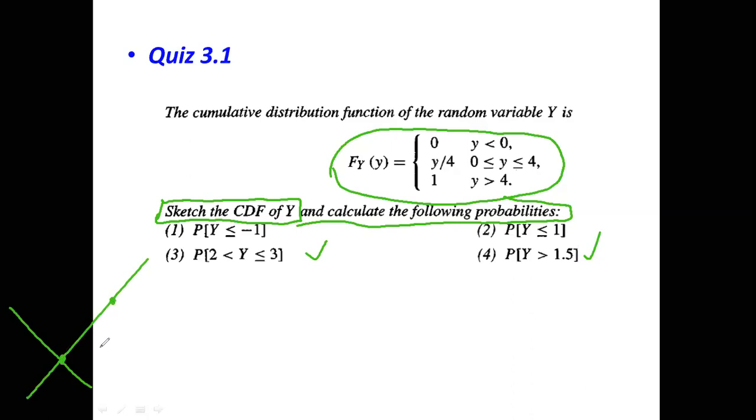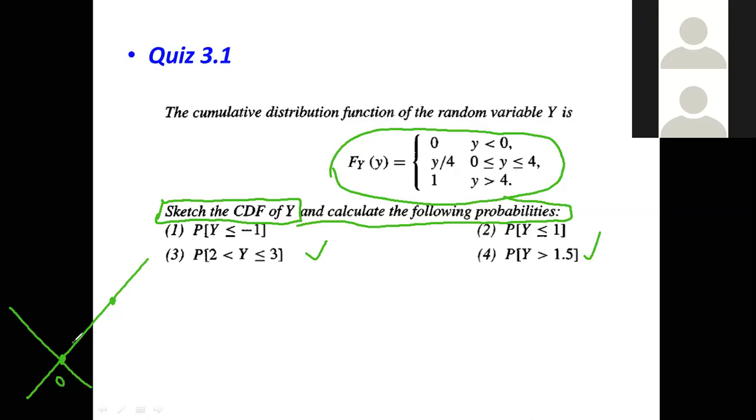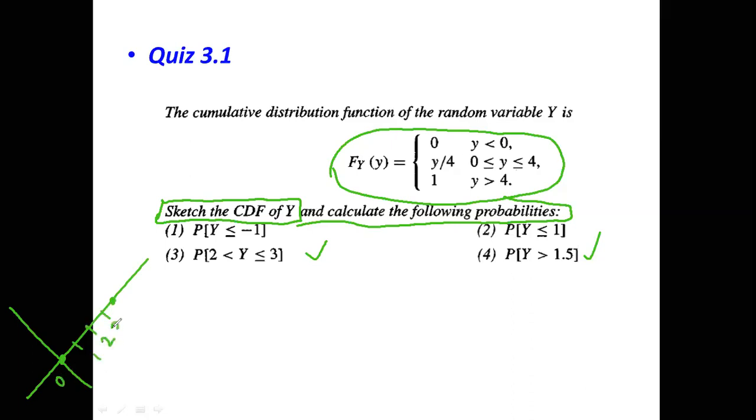This is 0, this is 1, 2, 3, and then 4. If y is more than 4, then it is actually 1, and this is y from 0 to 4. The CDF equation is given as 1 by 4.